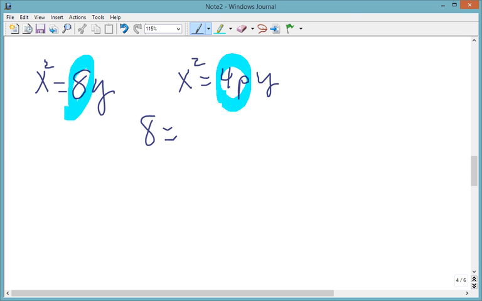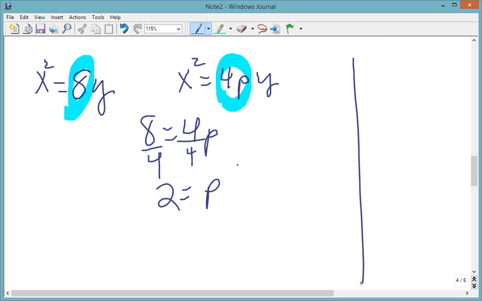So if 8 equals 4p, then p equals 2. Okay? So here's my graph, and I will expect you to be able to graph these. My vertex is at (0, 0). And then my focus is at 2. And I know it opens up because this is positive. It's an x squared, and it's a positive 8, so it's going to open up.